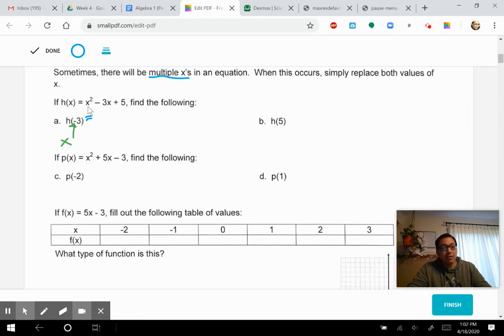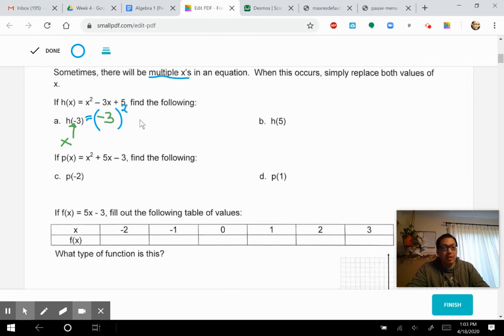Well, we've got -3 is our x here. It says, what do we do with x? We square it. Okay, so we're going to square that.